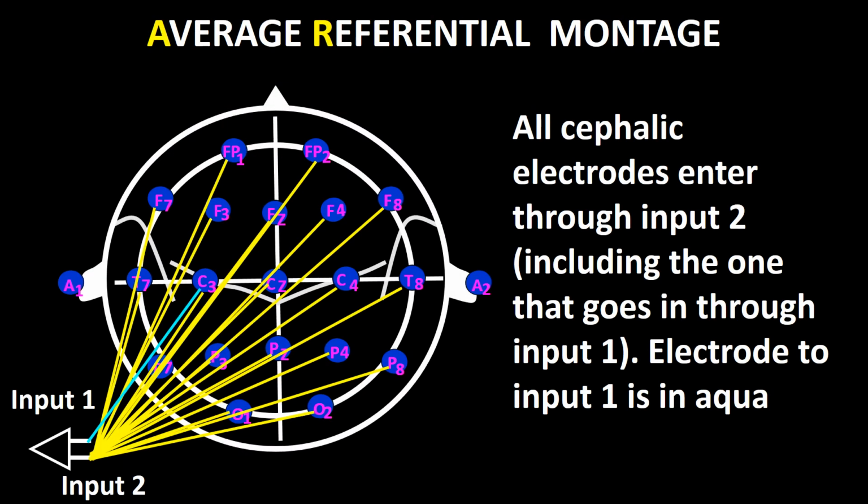In the usual average reference montage, as we previously said, all cephalic electrodes combined enter through input 2, including the one that gets in through input 1. And again, I have represented electrode 1 in this frame in aqua.